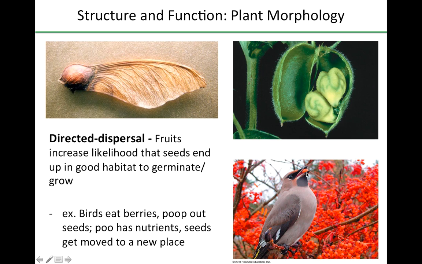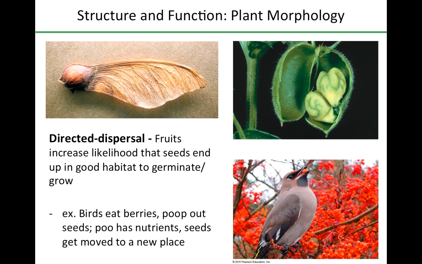And many of the fruits that we think of as actual fruits are fleshy and nutritious or brightly colored because they are attracting some kind of animal. The idea here is that fruits in general increase the likelihood that seeds end up in a good habitat to germinate and grow. With the fruits that help seeds disperse by wind, they're helping the seed get away from the parent, so that reduces competition.